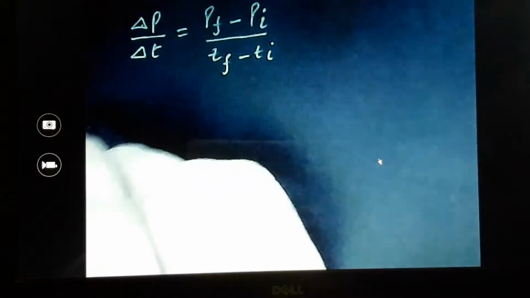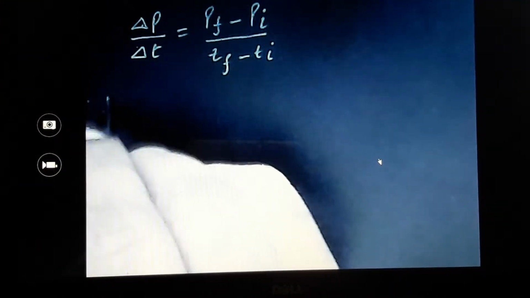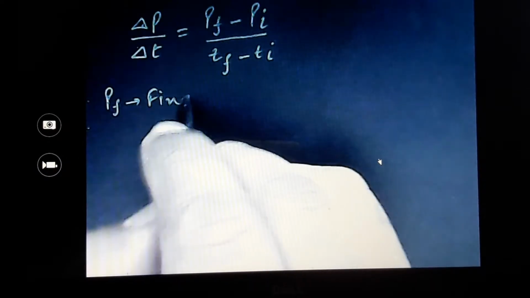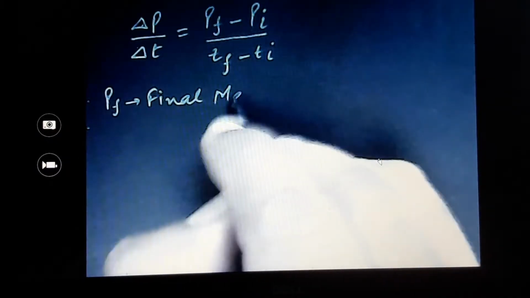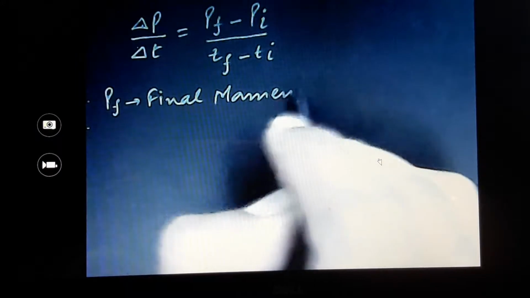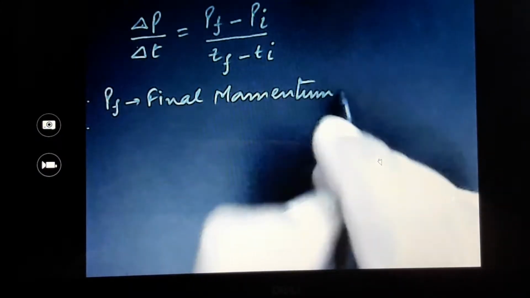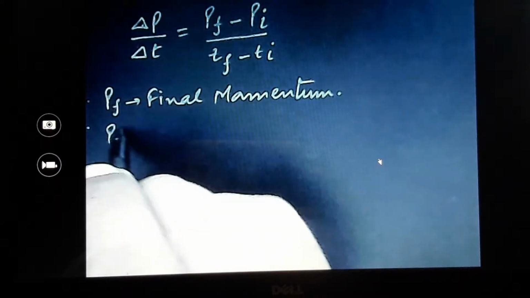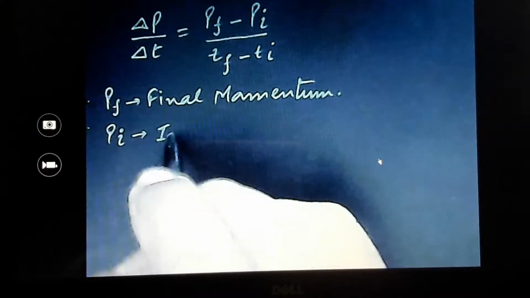So similarly, let's say pf is final momentum, right? Pi is initial momentum.